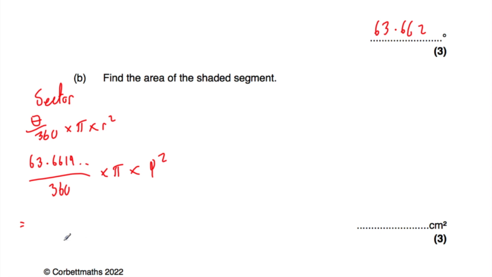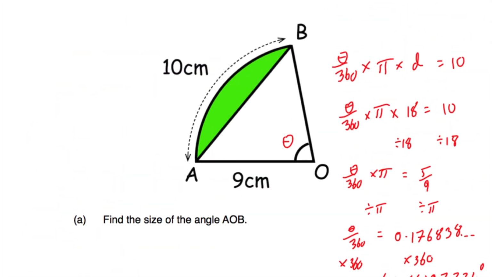And whenever I do that, I get an answer of 45. So that means that the area of the sector is 45 centimeters squared. And that's great. If you used a rounded version, you might not have got a nice answer such as 45 centimeters squared. So it's always good, if you can, to save things such as the angle beta into your memory, so that whenever you're doing further calculations you get as accurate an answer as you can. Okay, so we've got the area of the sector, which is 45 centimeters squared.